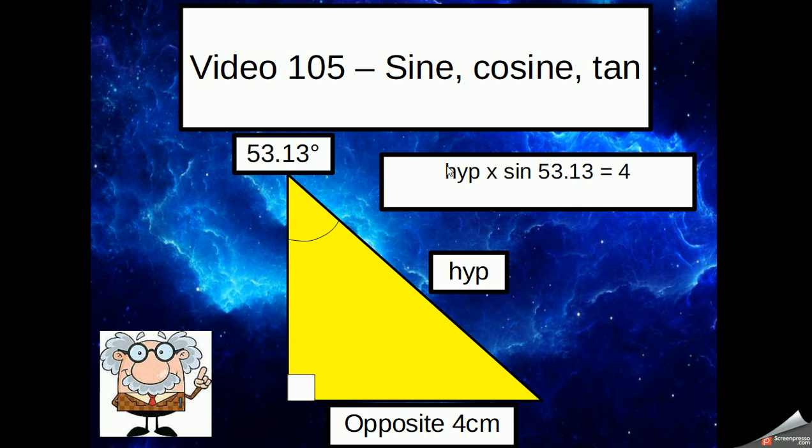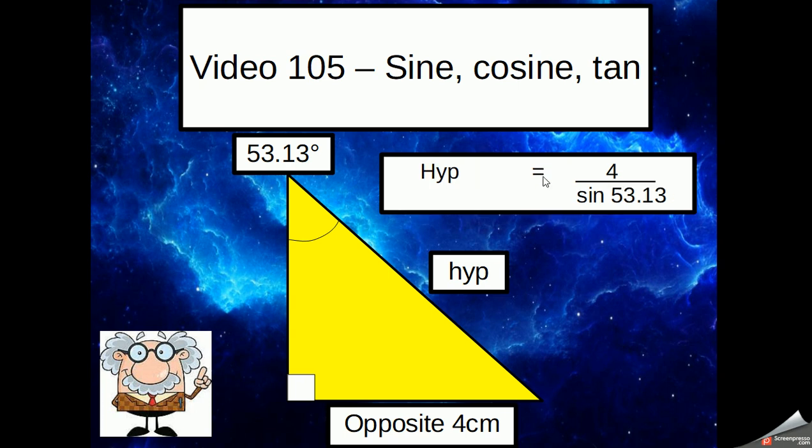I'm moving the hypotenuse upwards, and remember when the number or variable is below the line, and remember hypotenuse is just a variable in the end, I move it up by multiplying both sides by whatever the hypotenuse is. So I'm left with hypotenuse times sine 53.13 is equal to 4.